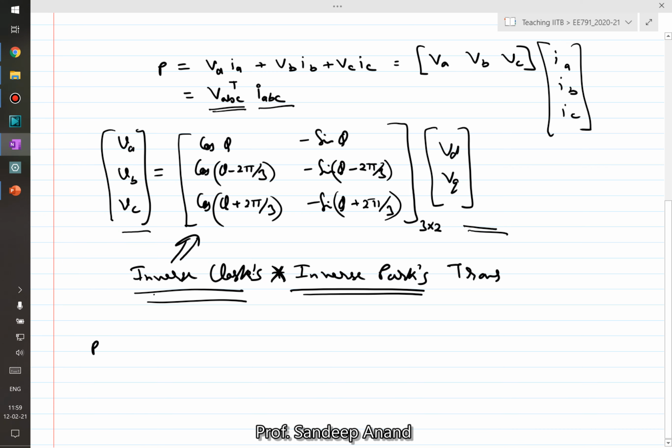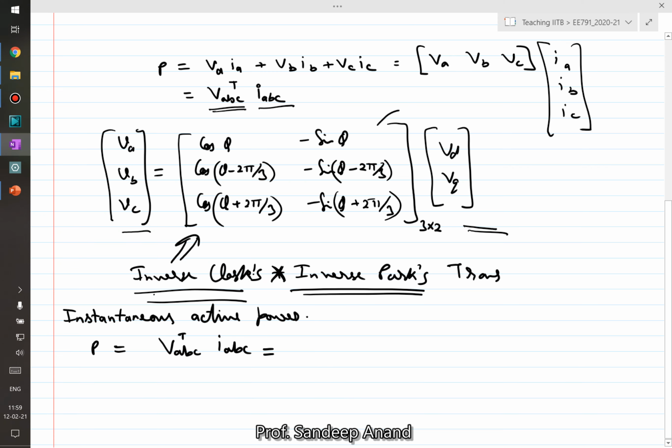So let me continue to write p, which I'm calling the instantaneous active power, right? Small p is equal to V ABC transpose I ABC, which I can rewrite using this matrix.